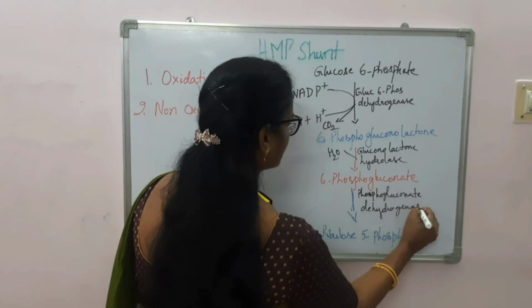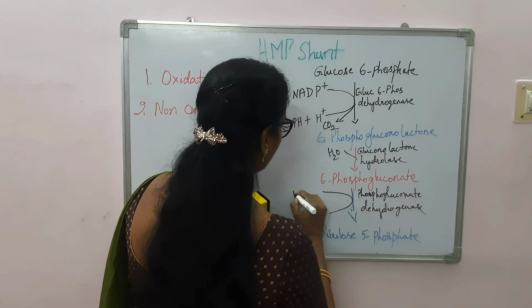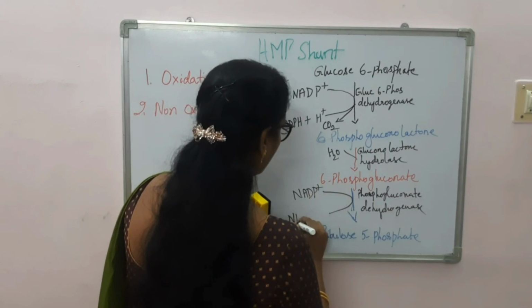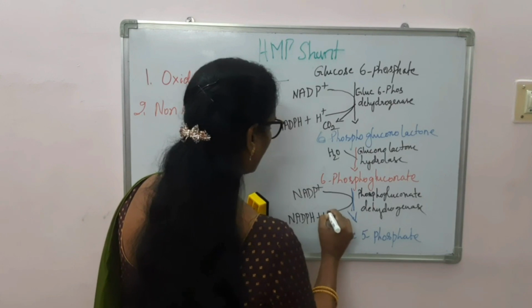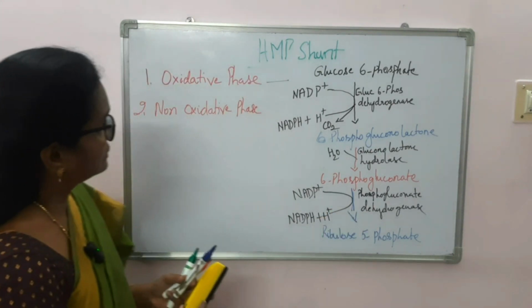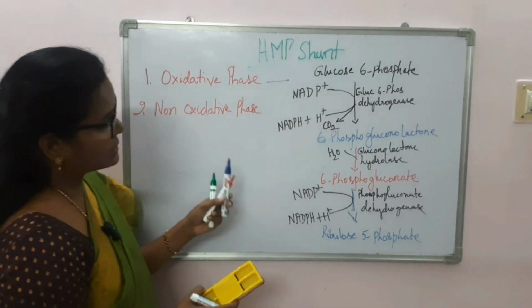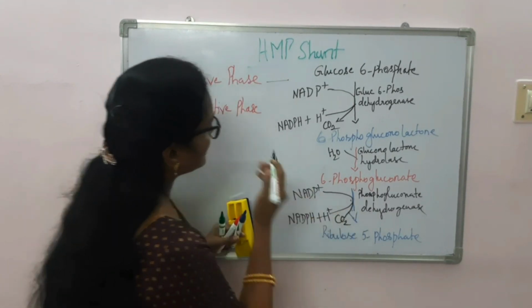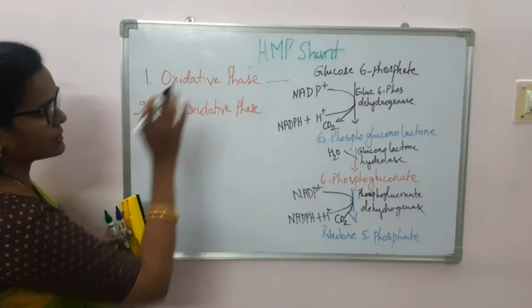This is also NADP dependent enzyme where NADPH is generated. So this is oxidative phase because oxidative reactions take place. That's why this is oxidative phase of HMP Shunt.